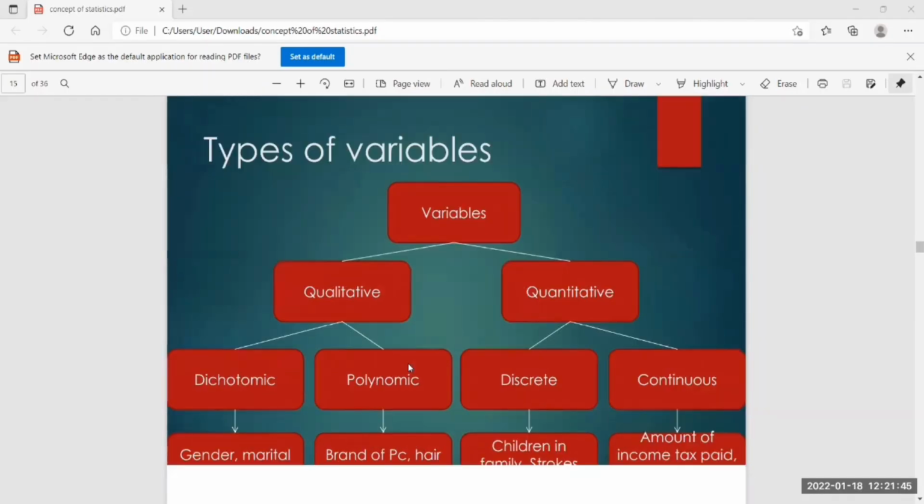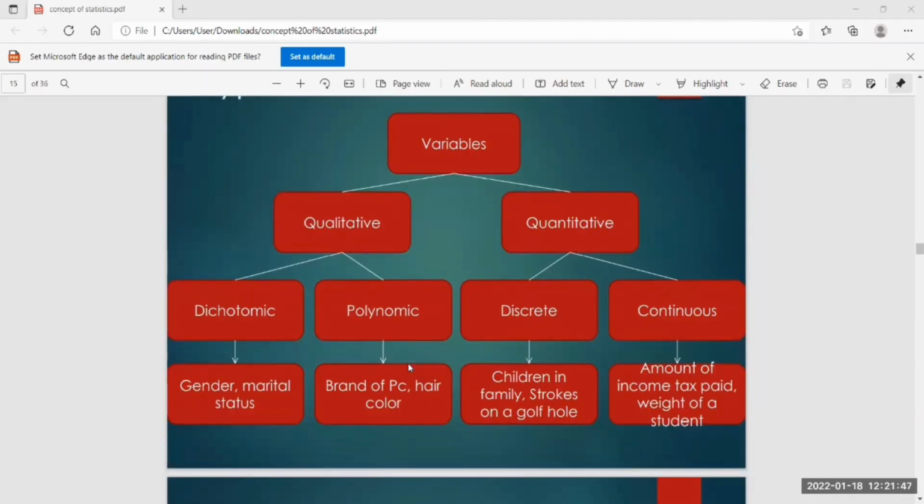So the types of variables can be qualitative and quantitative. These are the statistical variables. This is not the research variables, the statistical variables are qualitative and quantitative.